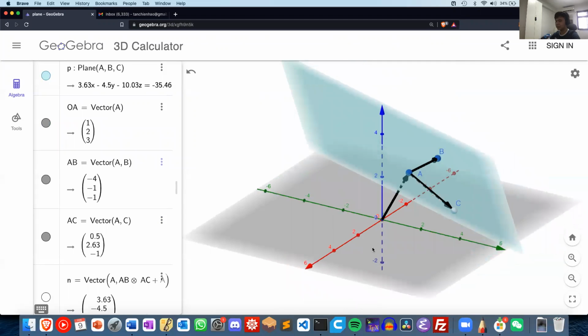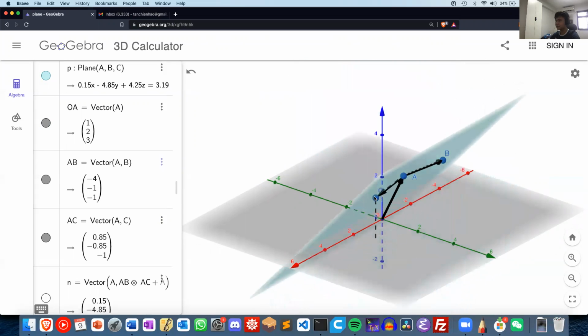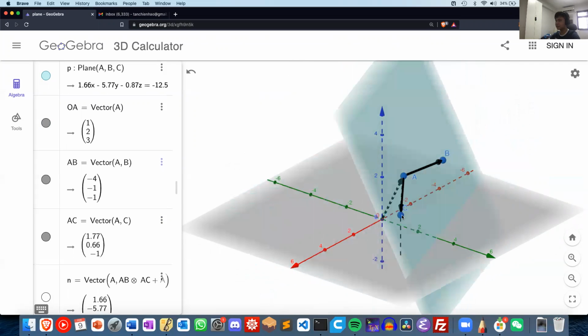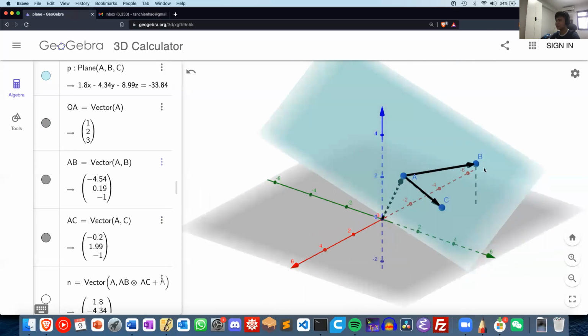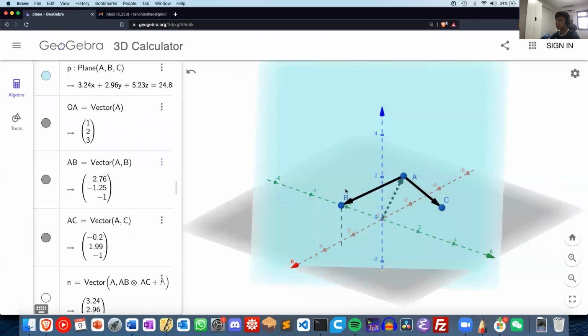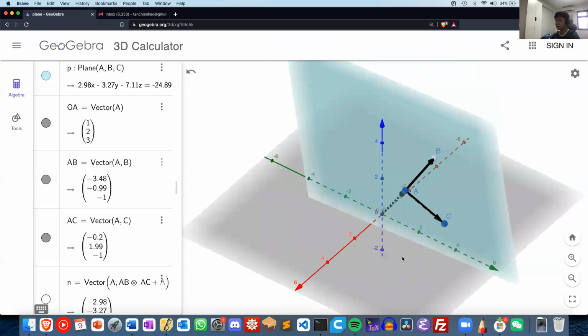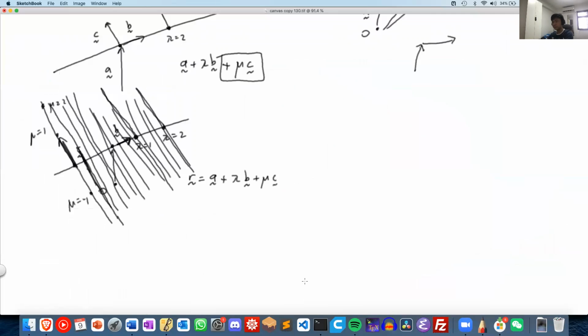If I vary the C vector, you can see that the plane changes also. And if I vary the B vector, the plane I'm defining also changes, in such a way that the 2 B and C vectors are always parallel to the plane. So that's how you define planes using the vector equation.